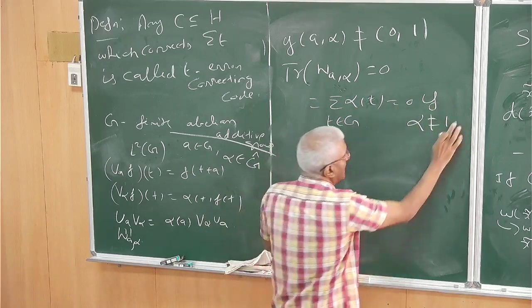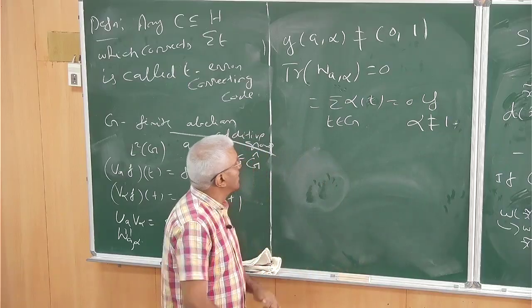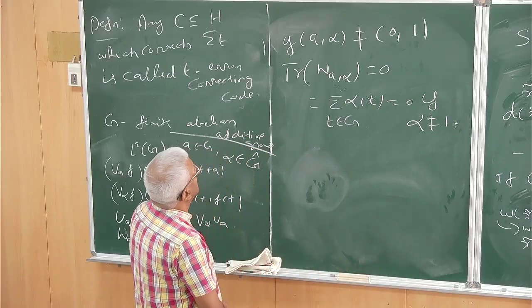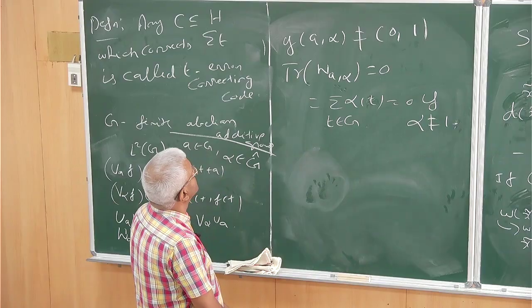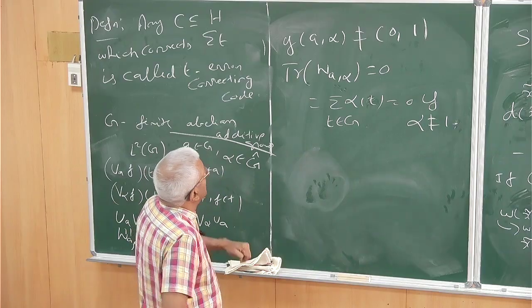One of them should happen, if alpha is identity.